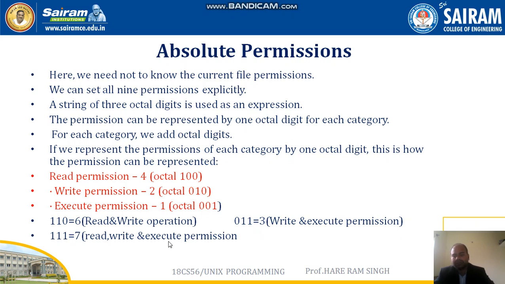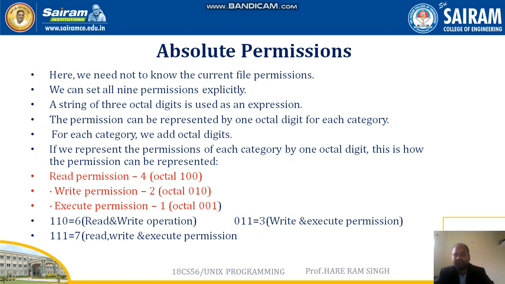Similarly, I want to give permission to a file for read and execute. Then what will be my octal value? 4 plus 1, 5, and 5 can be represented using 101.